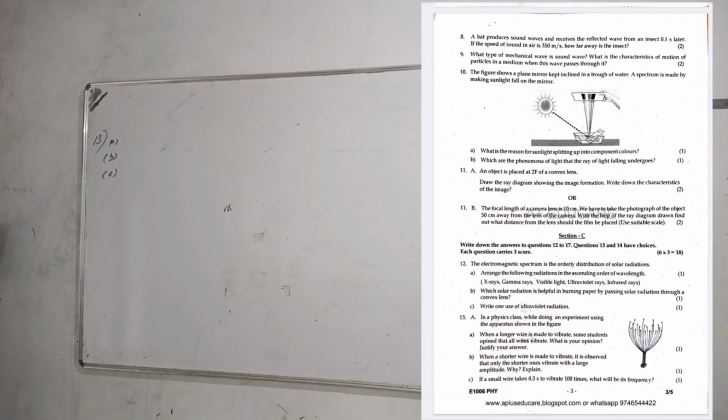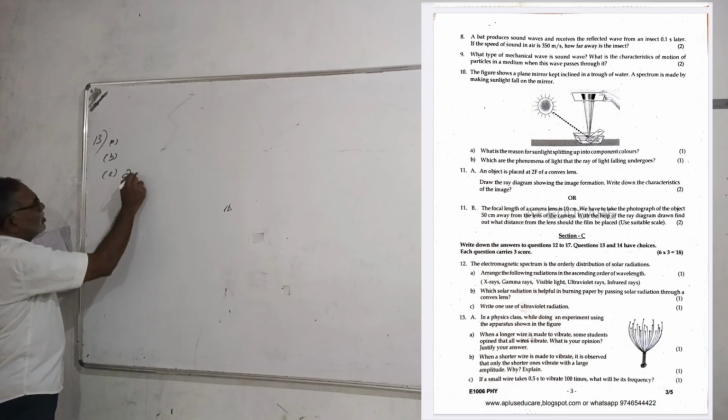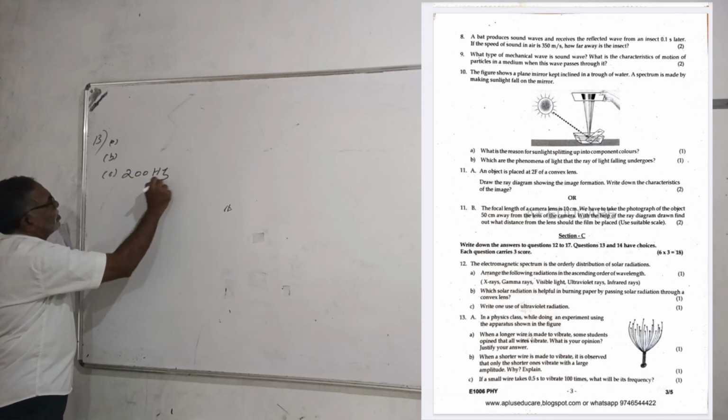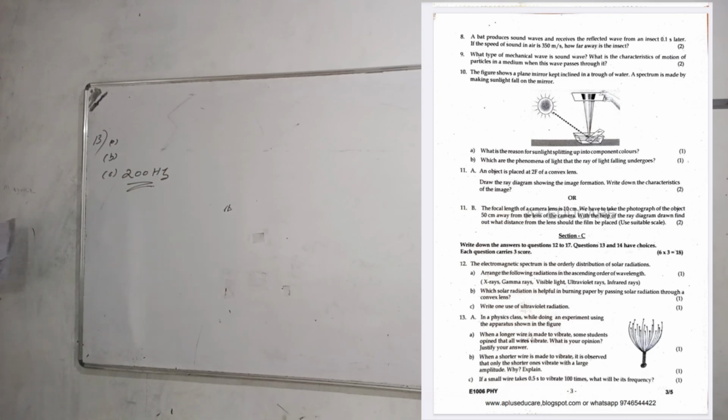Here in 0.5 second it vibrates 100 times, so in 1 second it must vibrate 200 times. So the frequency, defined as number of vibrations per second, is 200 hertz.